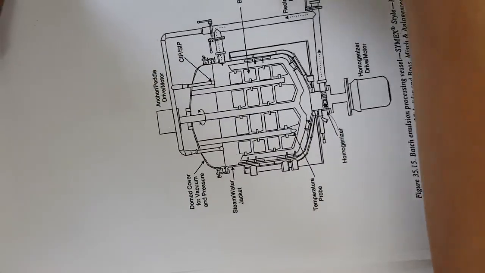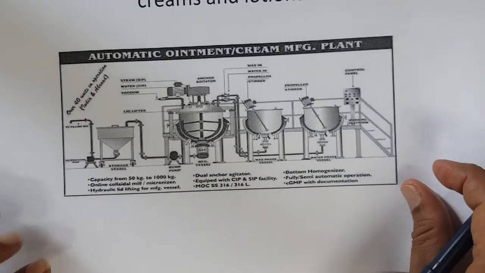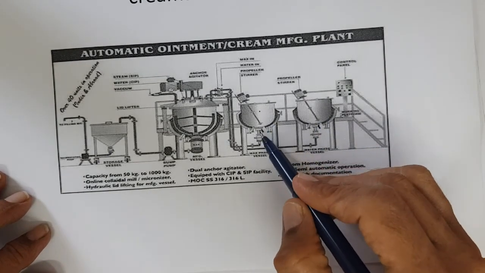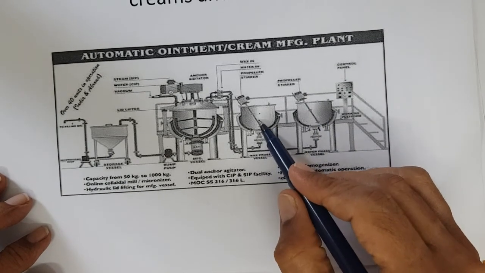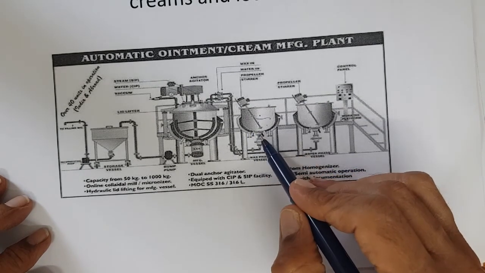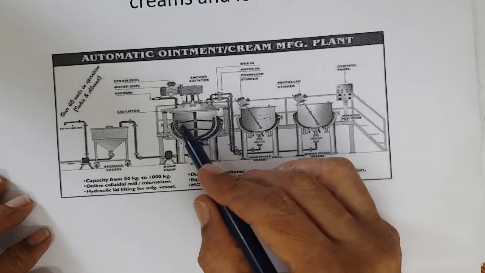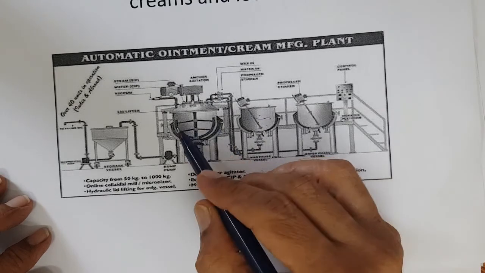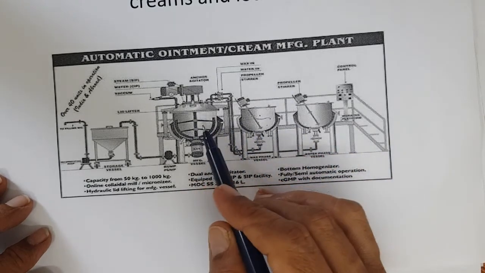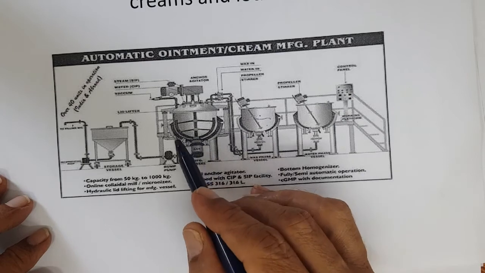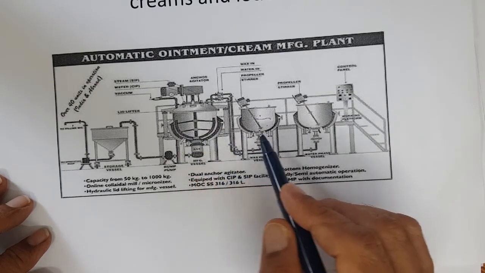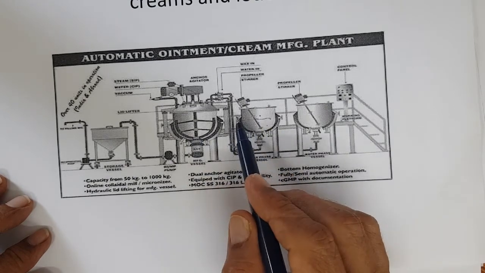And this is how it looks in a factory. You can see these are the phase vessels. If it is an oil phase, the oil phase is taken here, and this is the main vessel with the water phase. When you add oil to water, the water phase is taken here and heated.